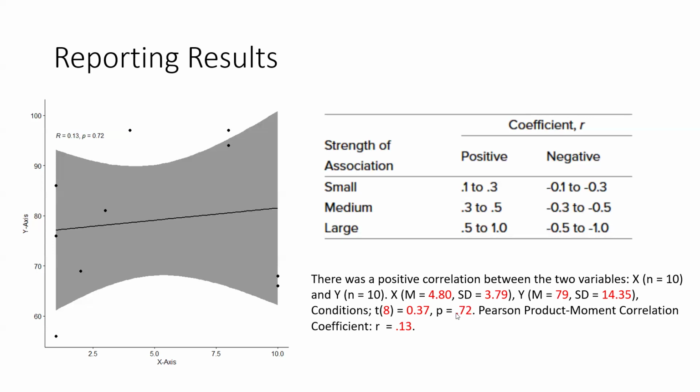Ideally, we would like this value here to be below 0.05, and ideally we would prefer this value here to be either above 0.5 or below negative 0.5. If you have both, that's ideal.